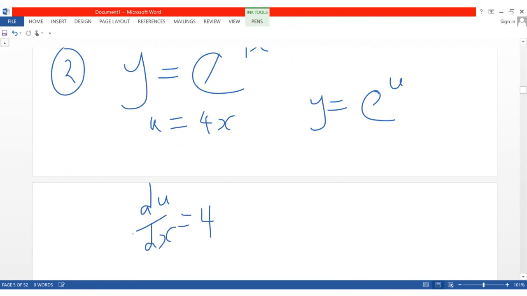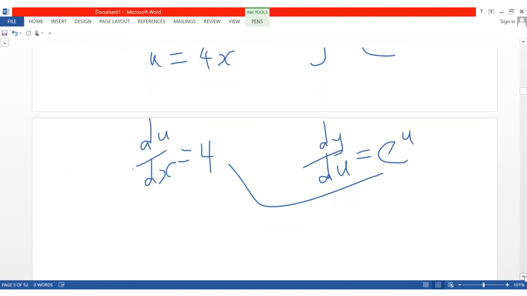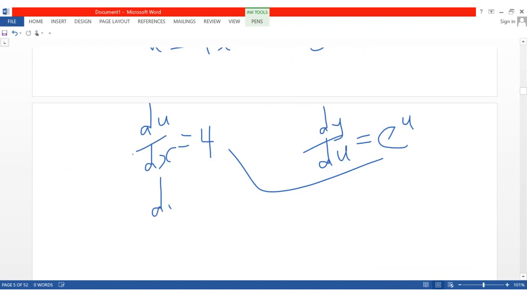When you differentiate an exponential function, you still get the exponential function. Then I multiply these two. If I multiply those two, dy/dx, I'll get 4 exponential u. But what? Our u was 4x, remember?